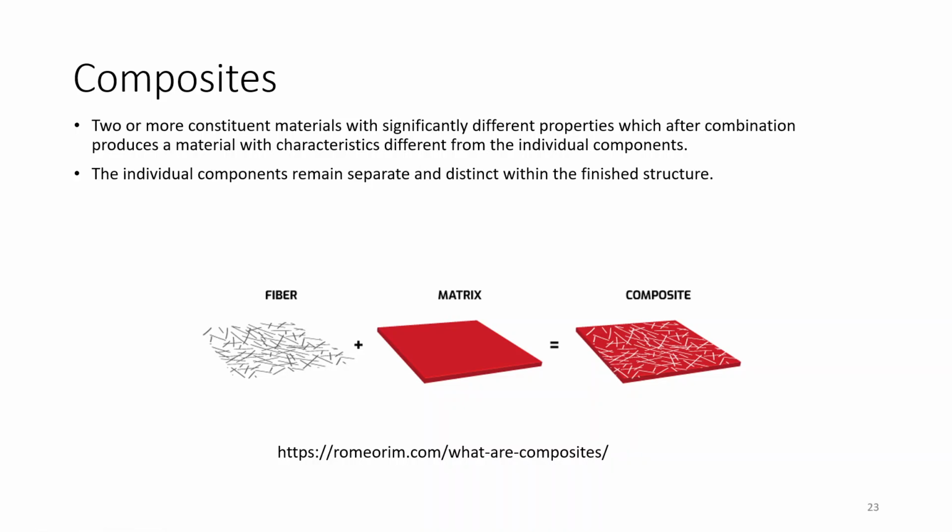The individual components remain separate and distinct within the finished structure. So here fiber and matrix, combined, will give us a composite. Instead of fiber, they can be particle-type or viscous-type reinforcement as well, or some rods can also be inserted in the matrix.